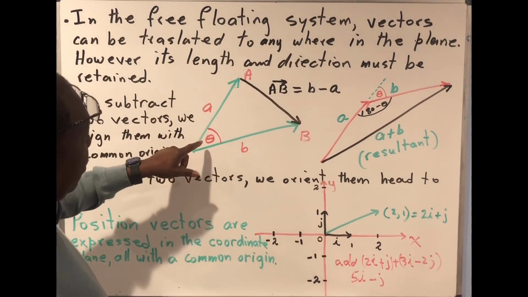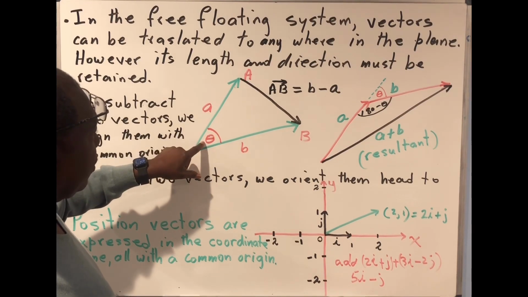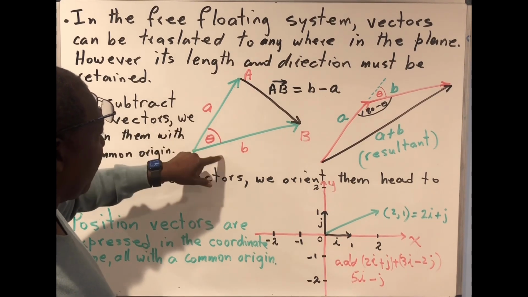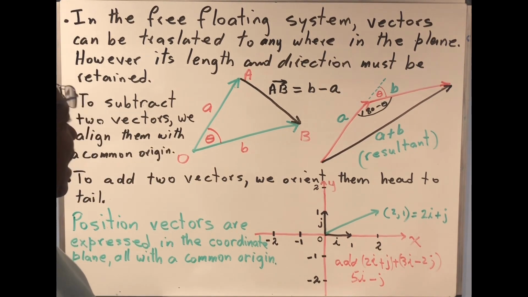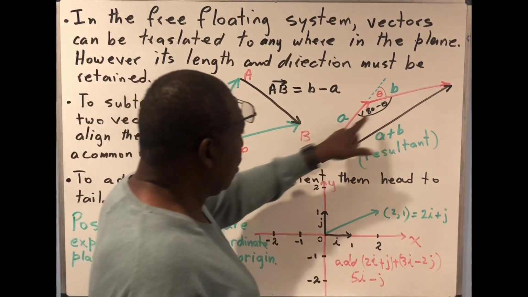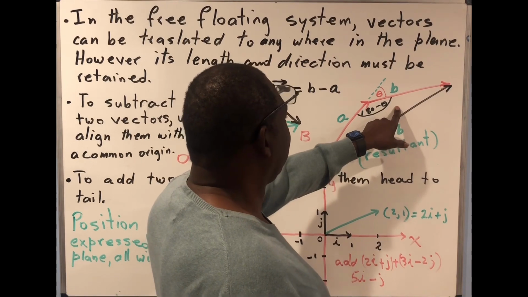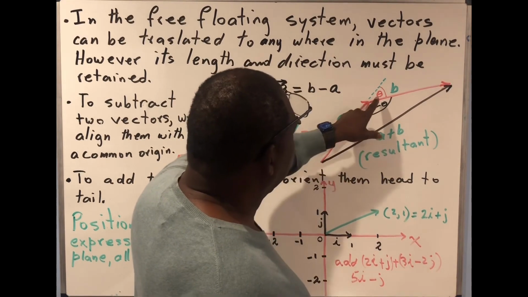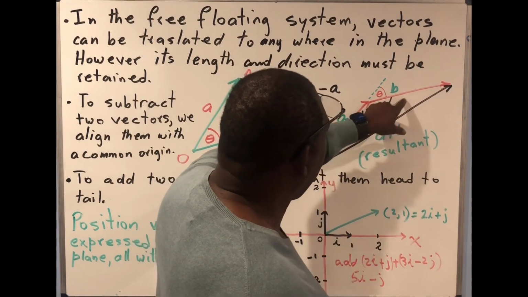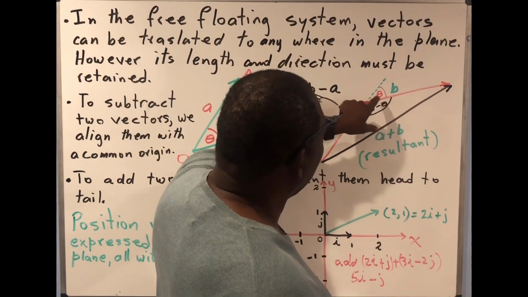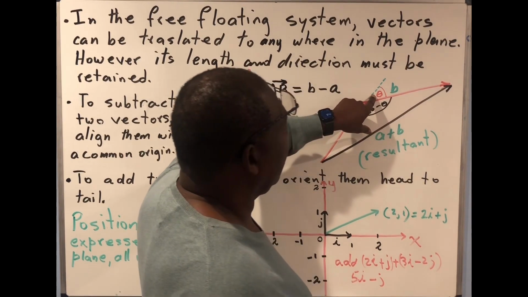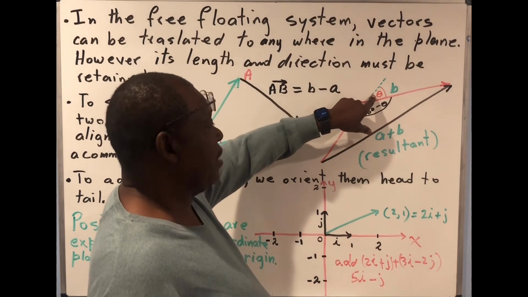Please note here that the angle theta between these two vectors is designated as the angle between those two vectors. However, if you look in the orientation of the vectors head to tail, then this angle between the two vectors would be the angle on the outside here, or external.